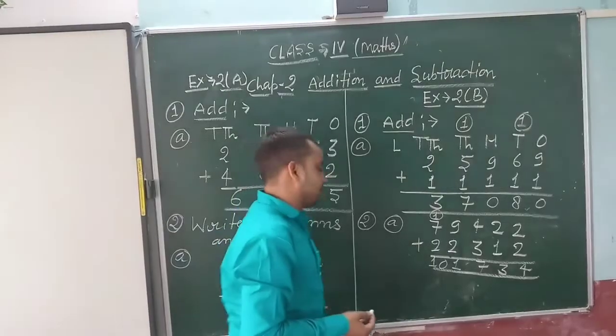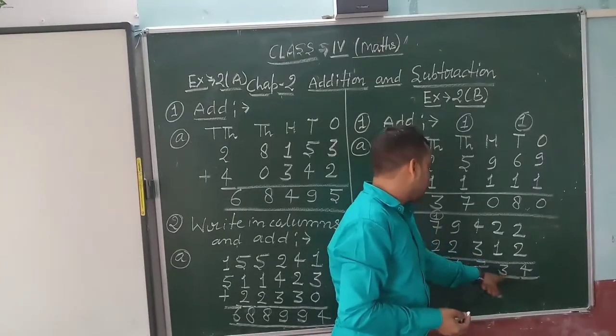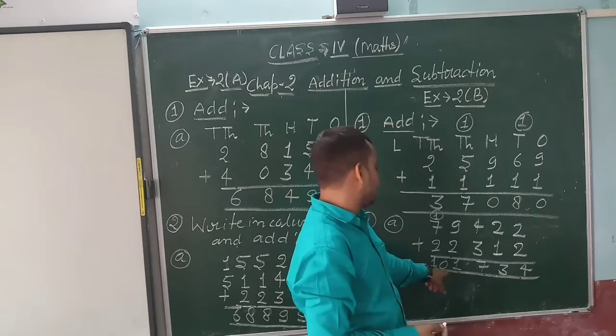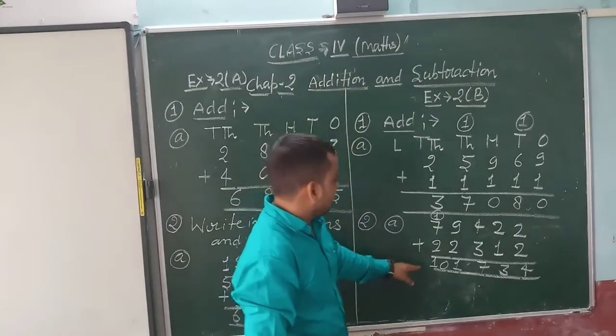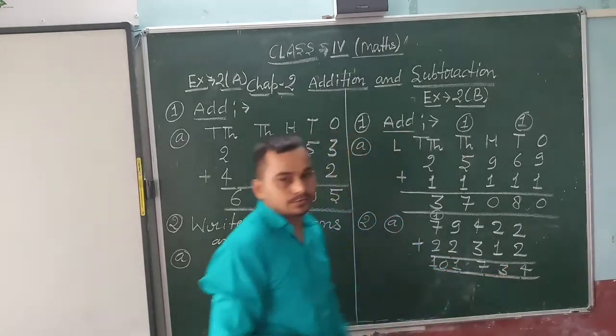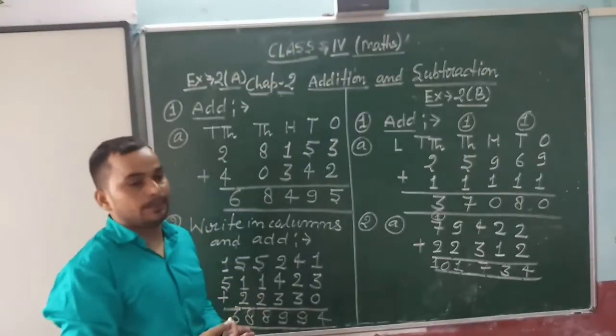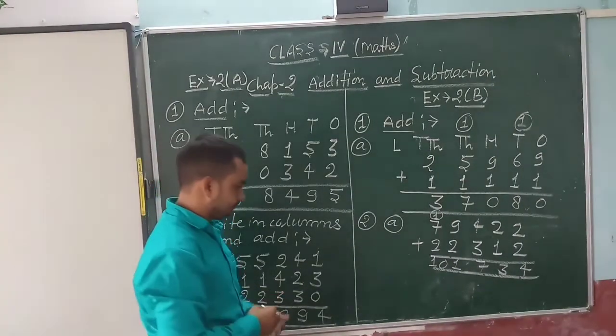So we obtain as a sum 1 lakh 1,734. When we write in words, first we have to know the positions of every digit.